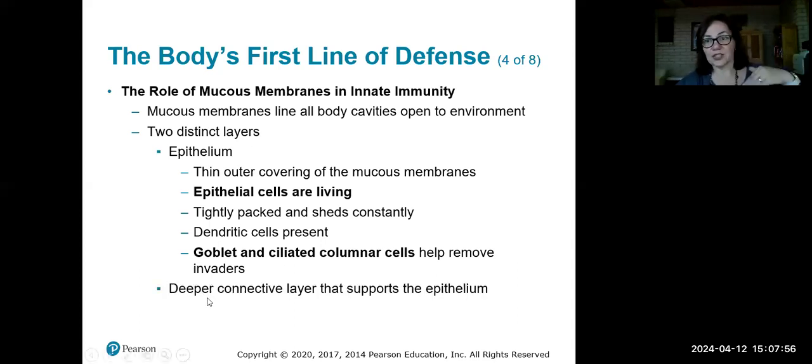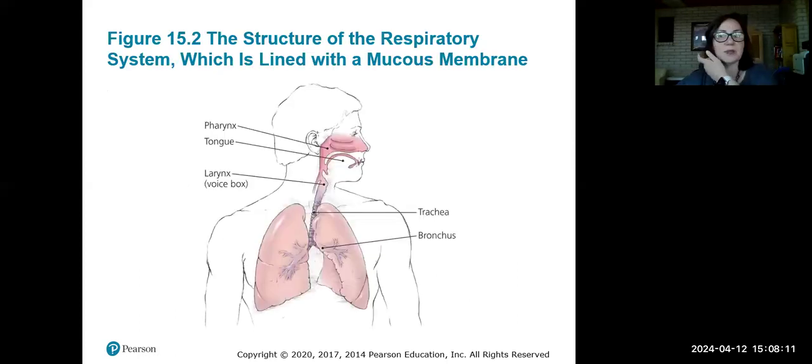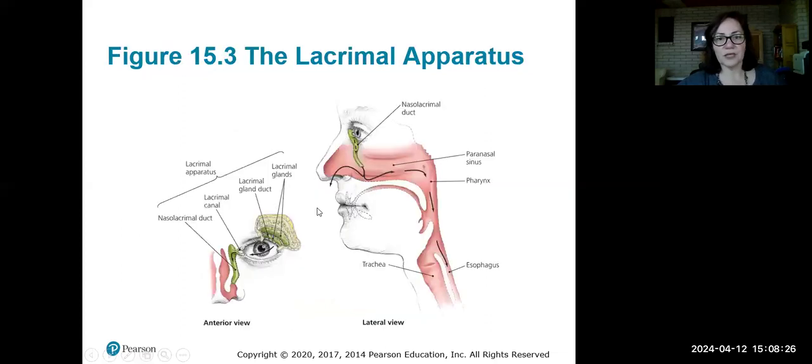And then once again, just like with the skin, there's a second layer, which is deep to the epithelium, and that is the connective tissue layer. And that's where the rich blood supply is. We have linings like this in the respiratory system, lining all the sinuses, the mouth, the trachea, and the digestive system, the esophagus going down through the stomach, all of the intestine.